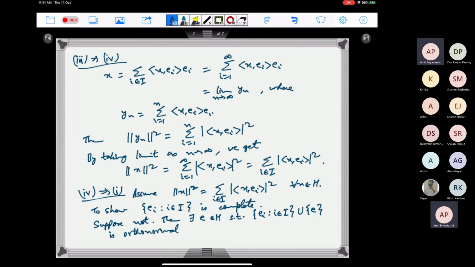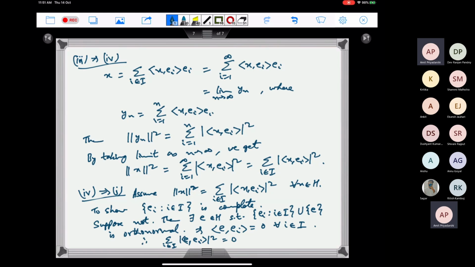But this implies that E dot ei is equal to 0 for all i in I. But if this happens, then what is summation of i in I, mod of E dot ei square?